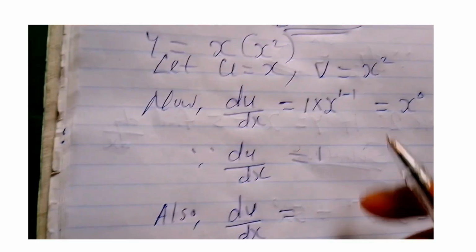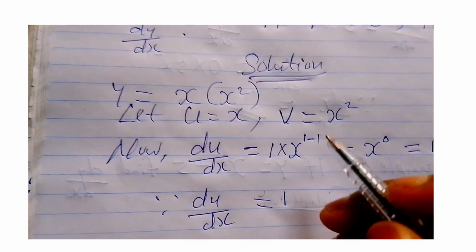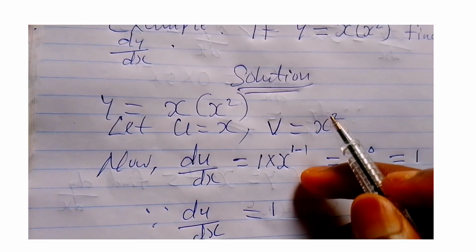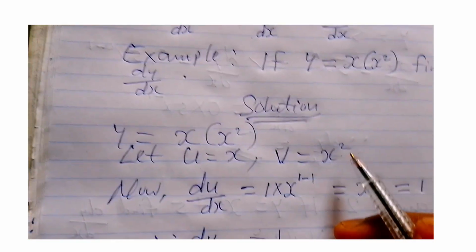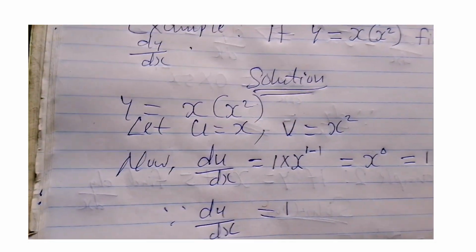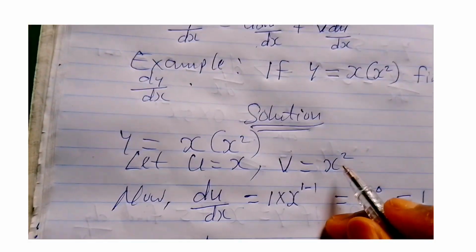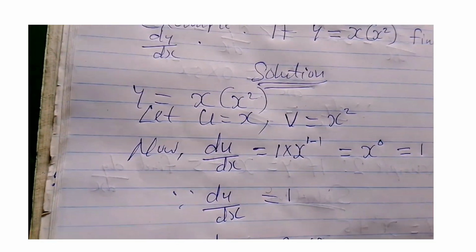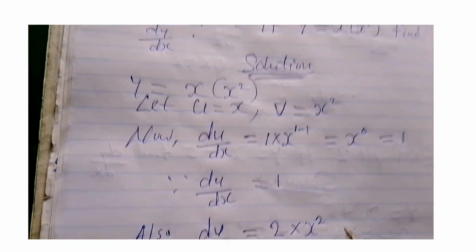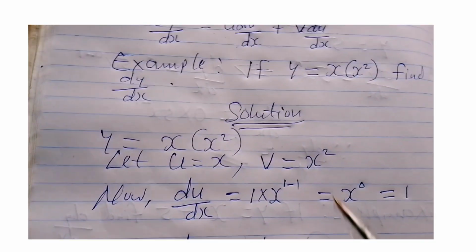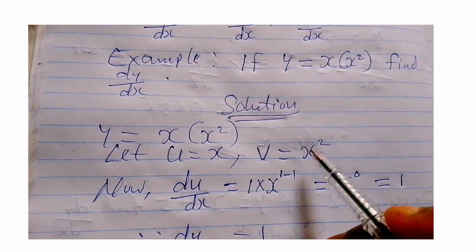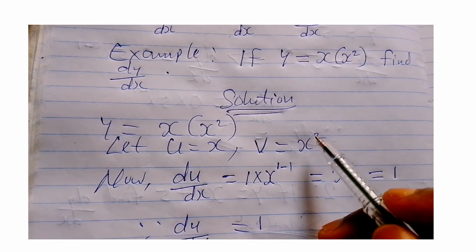Now, for us to derive this, based on the power rule, the power will multiply the entire function, right? And the power we have here is 2. So we're going to have 2 multiply the entire function, which is x squared, then subtract 1 from the power, which is going to be minus 1.